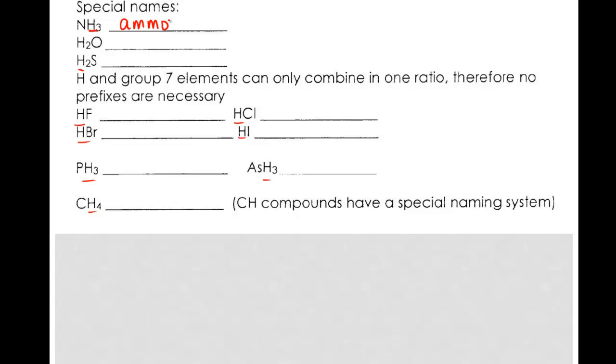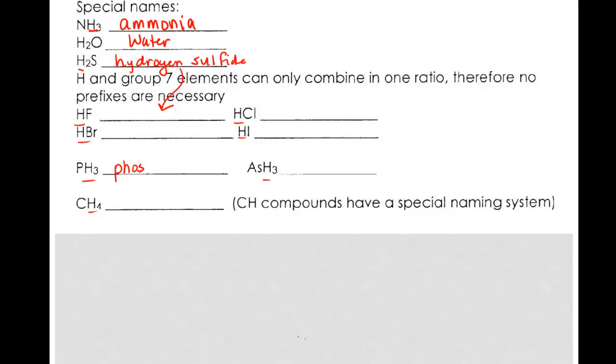NH3 is ammonia, H2O is water, H2S is hydrogen sulfide. Only one way they combine. You don't need to tell the ratio. And the rest of these are named the same way. Hydrogen fluoride, hydrogen chloride, hydrogen bromide, hydrogen iodide.